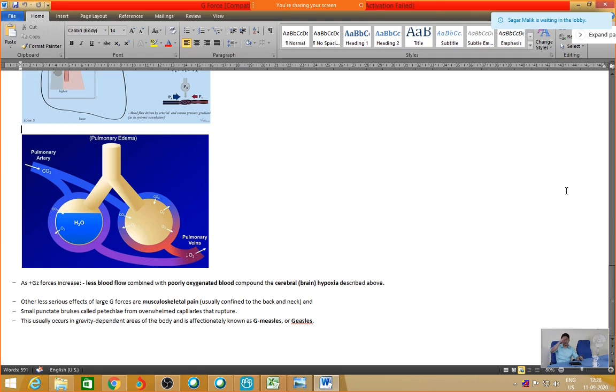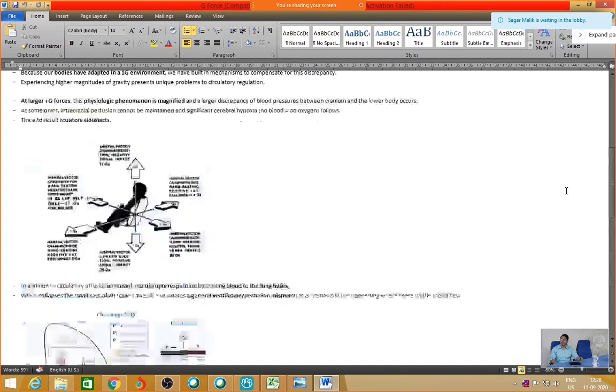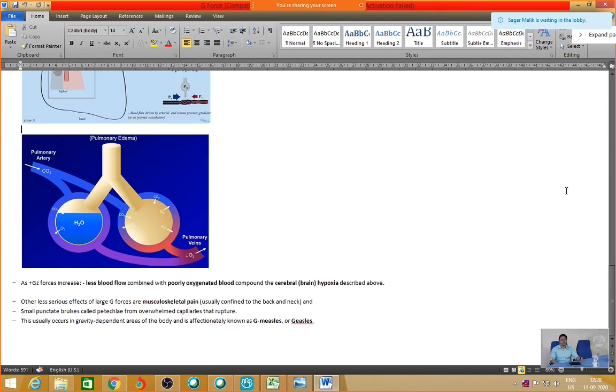That means they may not get an adequate amount of blood flow. There may be pulling of blood towards one part of the body and a deprivation of blood flow towards the other part. So this may in turn cause some kind of pain. Musculoskeletal pain is less commonly encountered, but it is a phenomenon which may be found in case of alteration in the gravitational pull. So this is a synopsis with regard to the G forces.